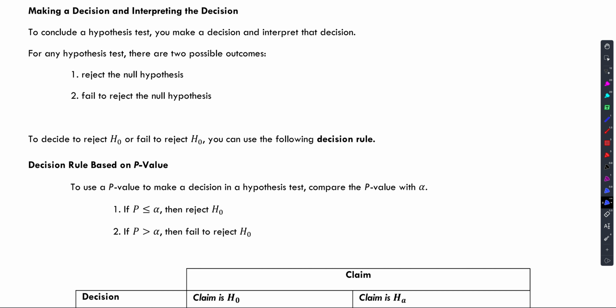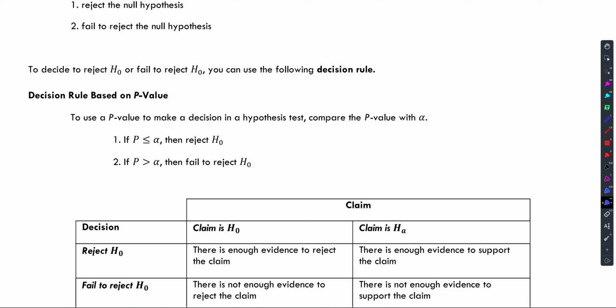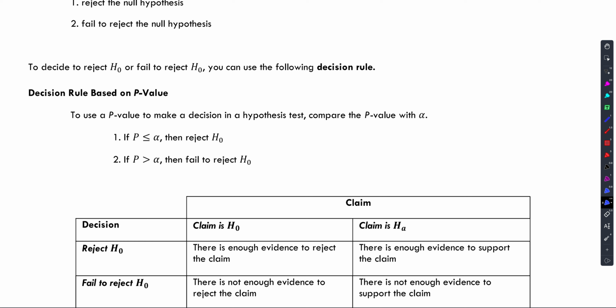There is a decision rule we can use that's based on the p-value that we just talked about how to find. When we get to 7.2, there's also another decision rule that we can use with what we call rejection regions. But for right now, we'll just focus on the p-value, and we will reiterate this when we get to 7.2.